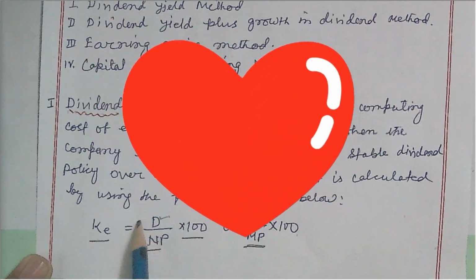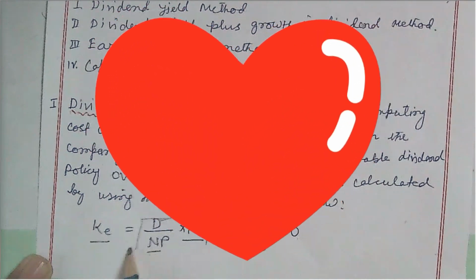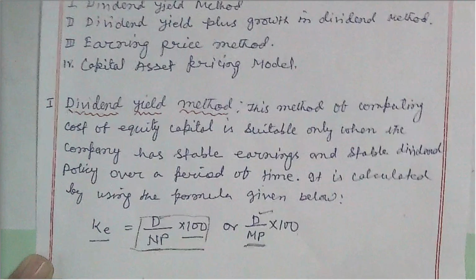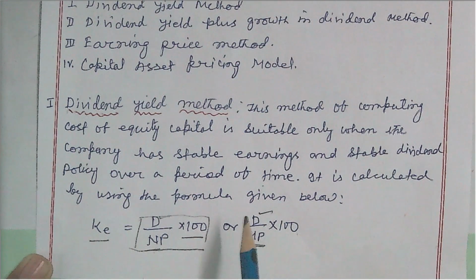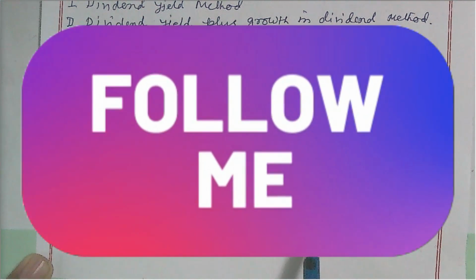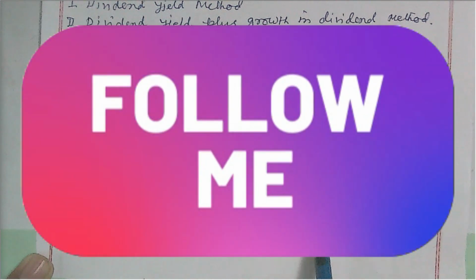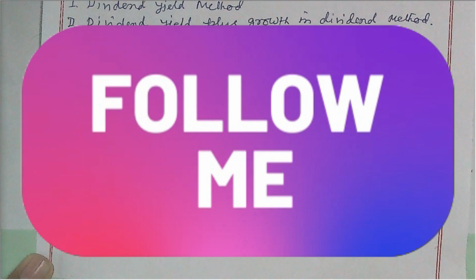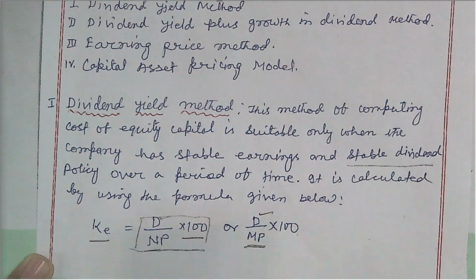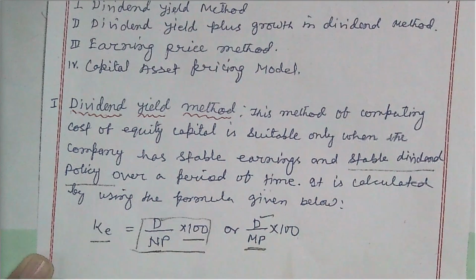This simple formula is used under the dividend yield method, and it is suitable when the company gives a constant amount of dividend to its equity shareholders every year, that is, a stable dividend policy over a period of time.